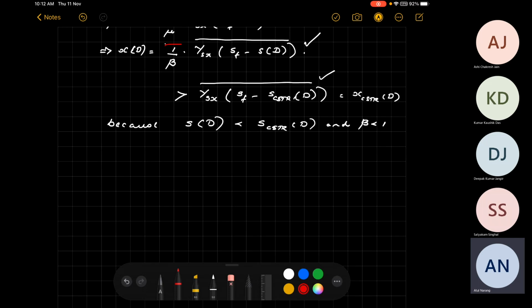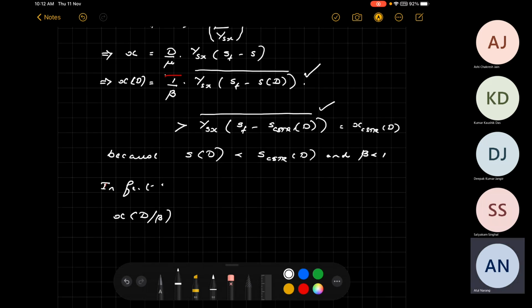And for that, in fact, a more useful way of expressing this is to calculate X not at D, but at D over beta.